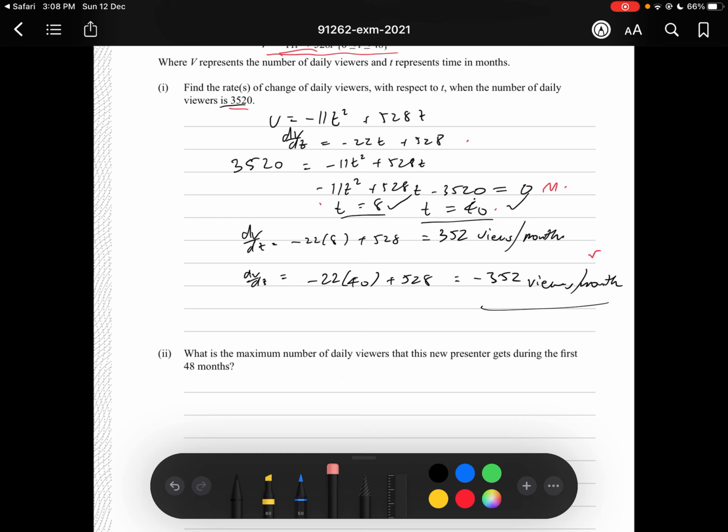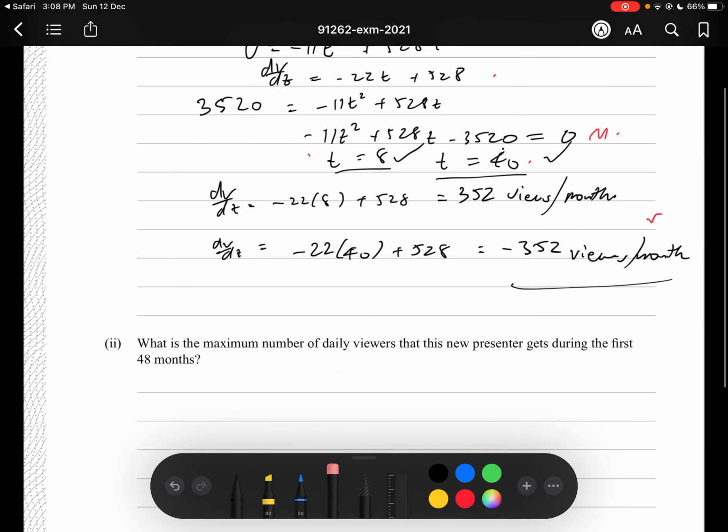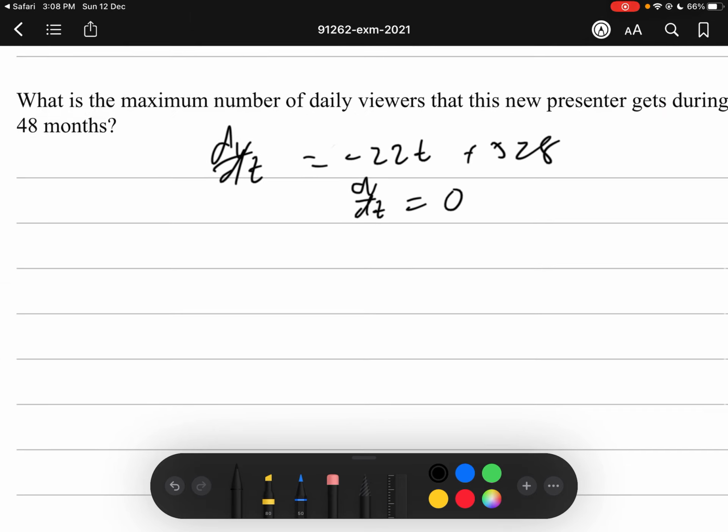So it's pretty handy that we already have our dv over dt equation, which is simply negative 22t plus 528. And we know dv over dt equals 0. So if we substitute dv over dt equals 0, we'll see that 22t equals 528. If we divide both sides by 22, we see that t is equal to 24.